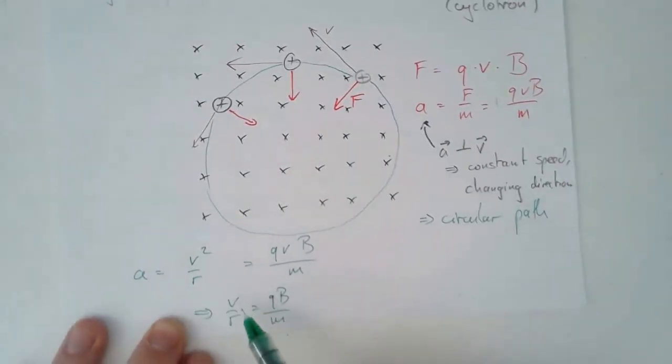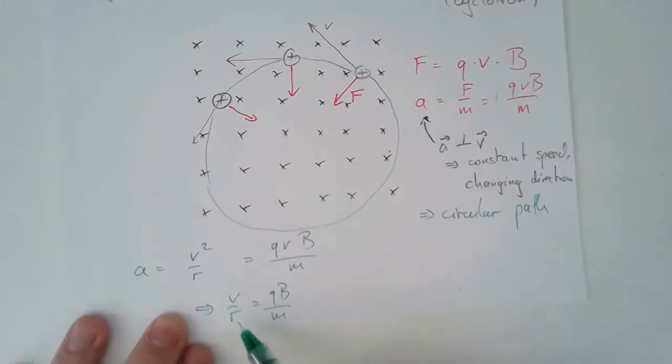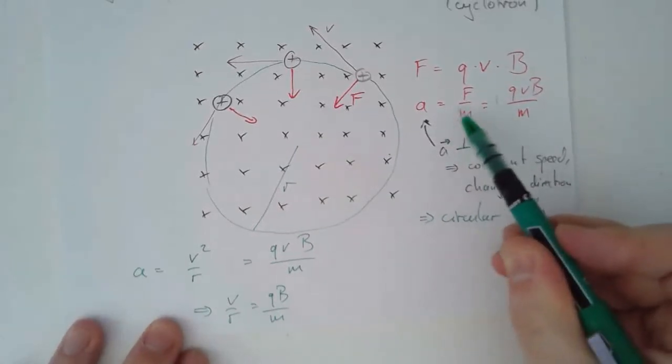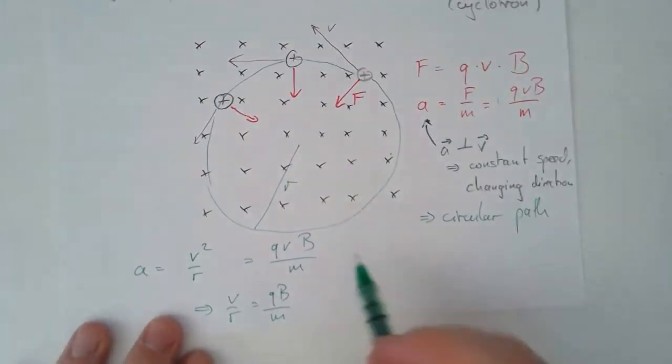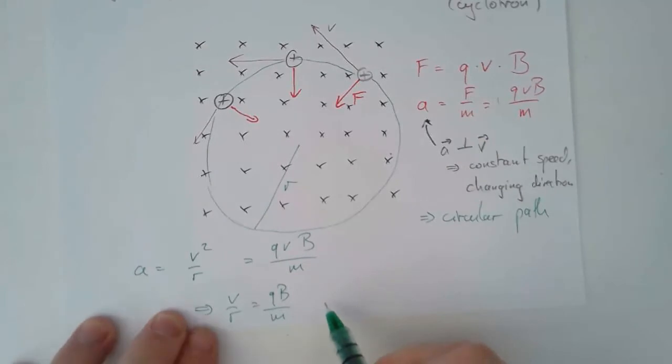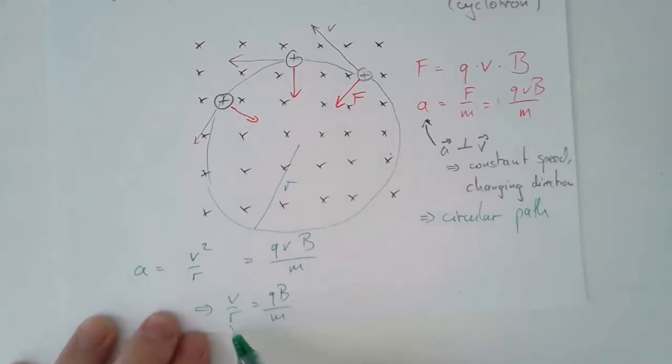So speed over radius is charge times magnetic field strength divided by the mass of the particle. Right? M in F equals ma is the mass of the particle. So I can rearrange that. Let's imagine I can measure something.